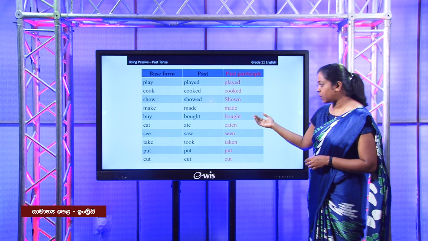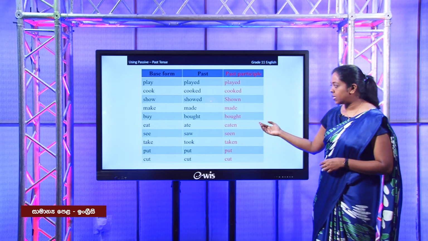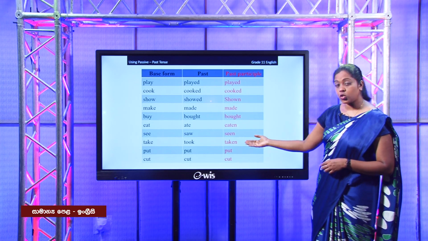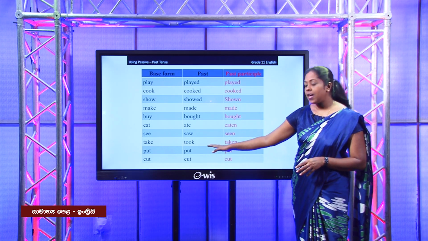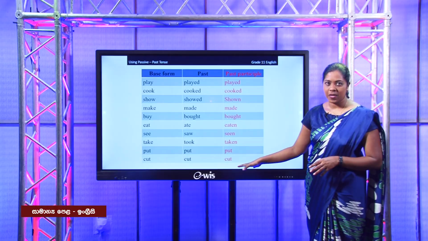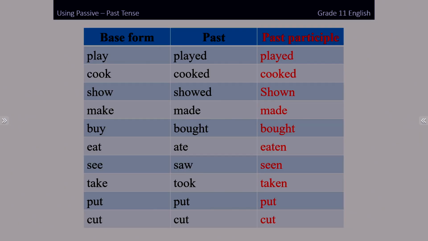Bought, it is the same. But for ate, we have the word eaten, saw, seen, took, taken. And these two words, remember, they never change, right? Especially in the past tense, put remains as put, therefore past participle is also put. Cut remains as cut, therefore the past participle is also cut.